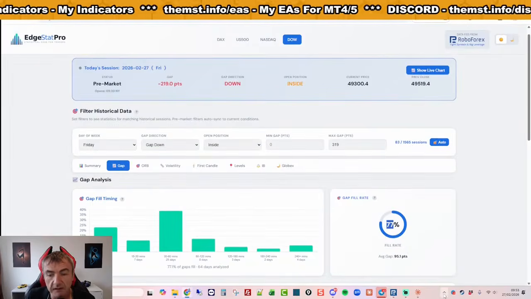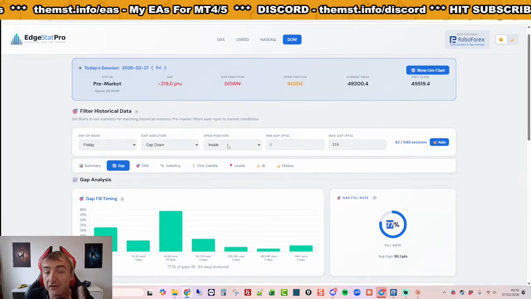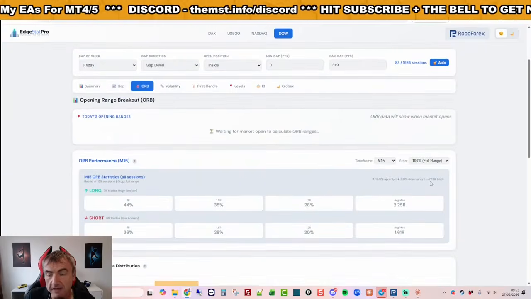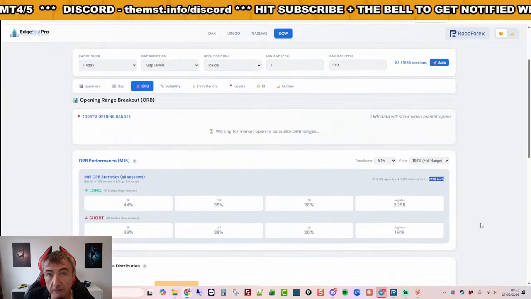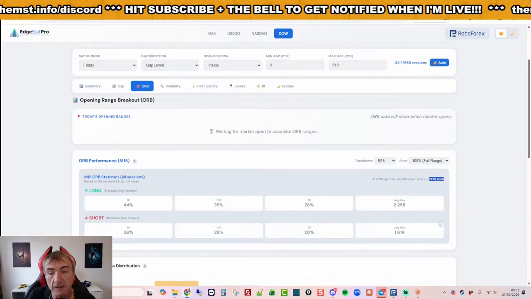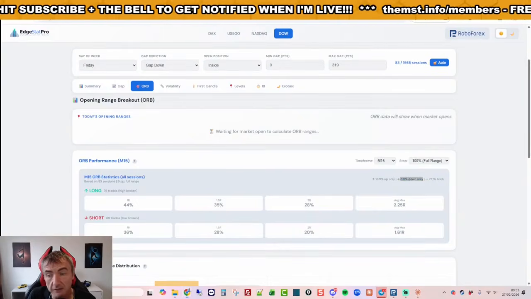There's a 77% probability that we will fill the gap based on us gapping down inside yesterday's range. With the opening range breakout, when it happens, there's a 77% probability that we will break both sides of the opening range today. Yeah. And only 6% of those, gap down only.